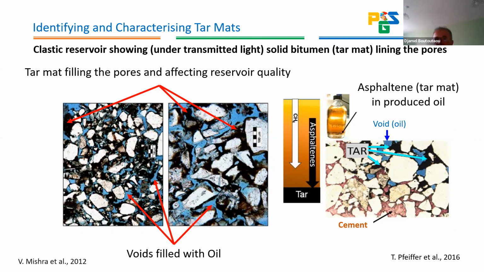Tarmat is a solid, can be solid bitumen, which has a high amount of immobile oil, asphalt, dominated by asphaltenes. So if you have a layer, and the layer can be up to a few meters, and you don't detect it, you don't identify it, you think that the whole column is oil, is mobile oil. So then your reserves are not well constrained.